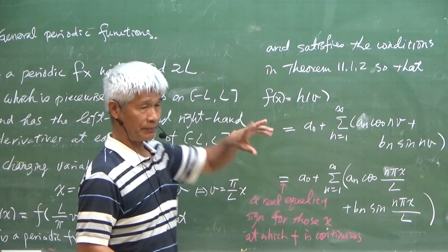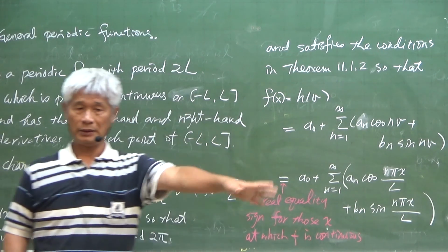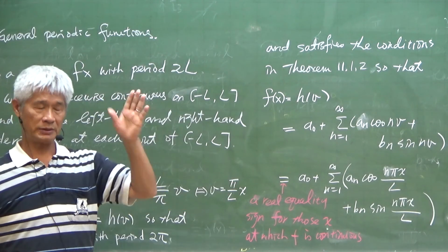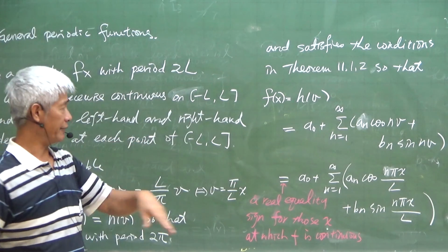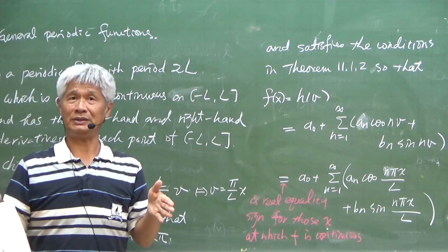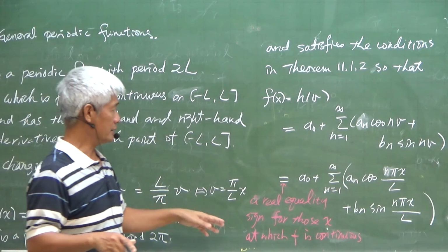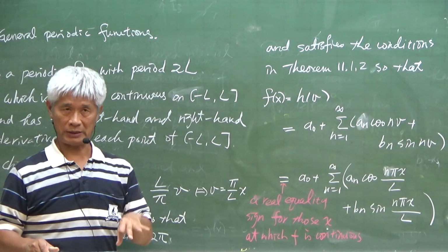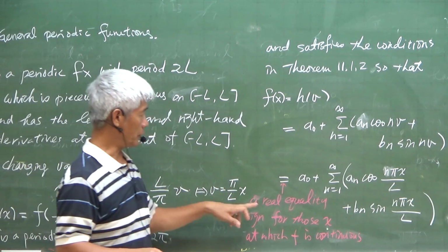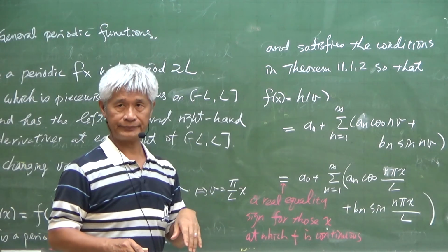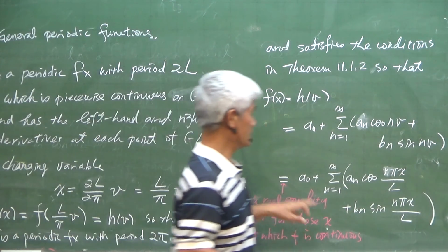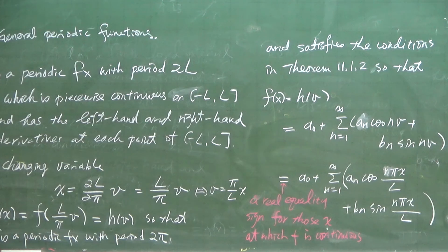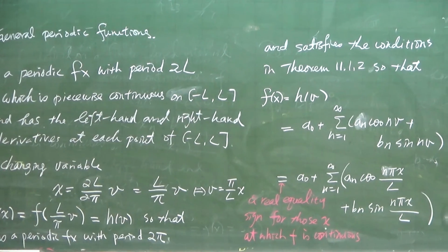Because f is piecewise continuous, it holds almost everywhere, right? Because there are only some finite points in a period where f is not continuous. So this is true for almost all the points on the real line. Okay, so I have to note that. And I think I have to stop here.